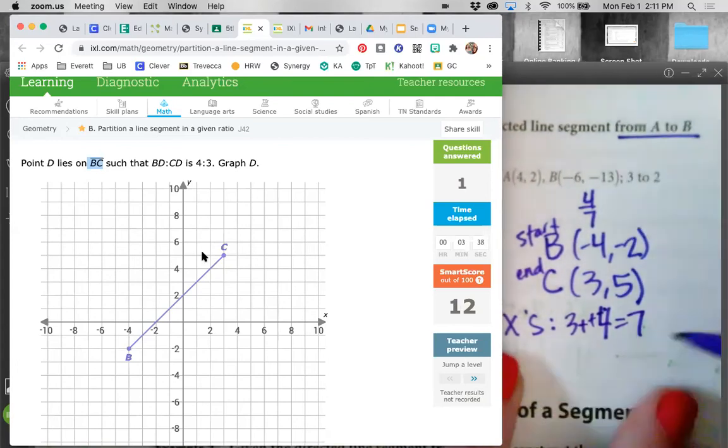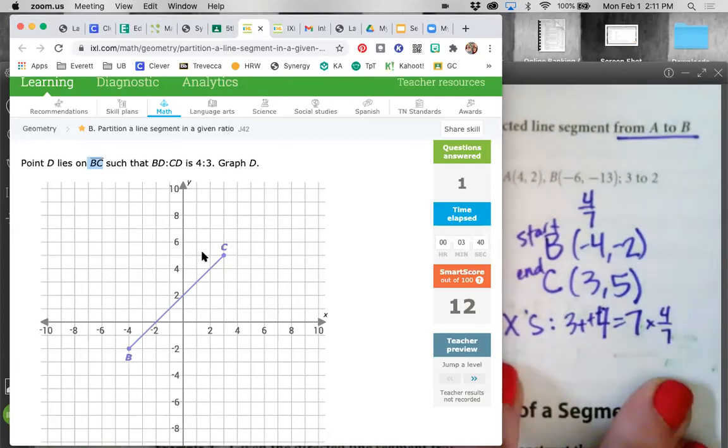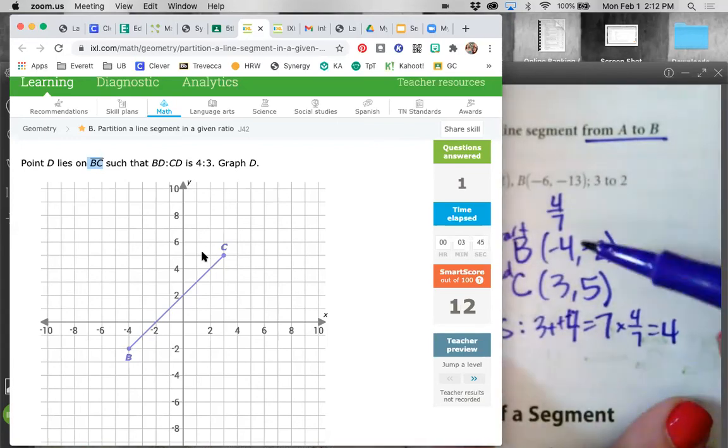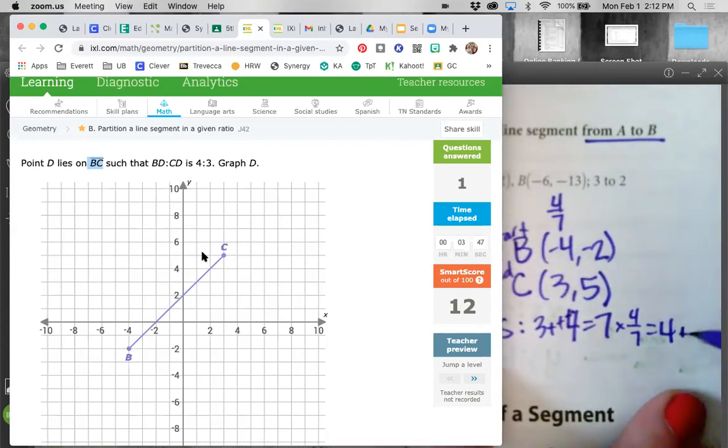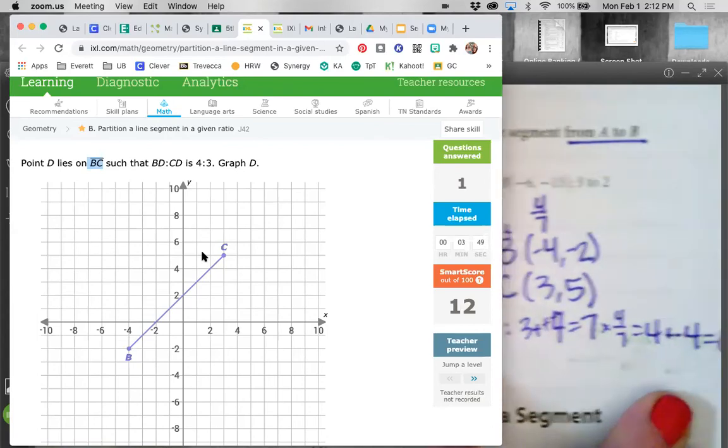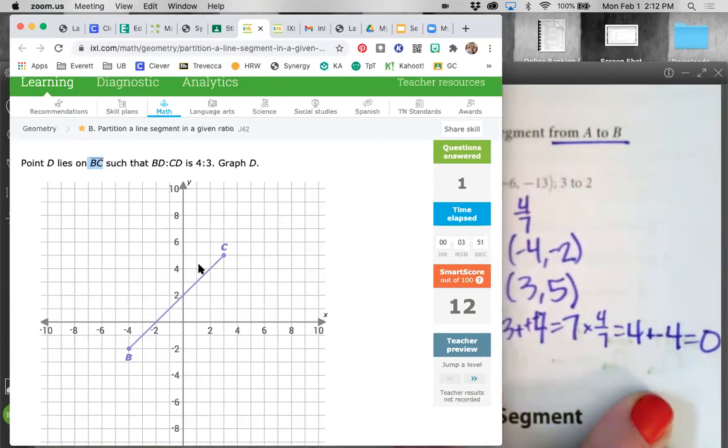I need 4/7 of that. That's just 4 spaces. And so I started at -4, so I'm going to add -4, and that gives me 0. So my point's going to have to go right there. Wherever the x is 0 and that line crosses x equals 0, that's got to be it.